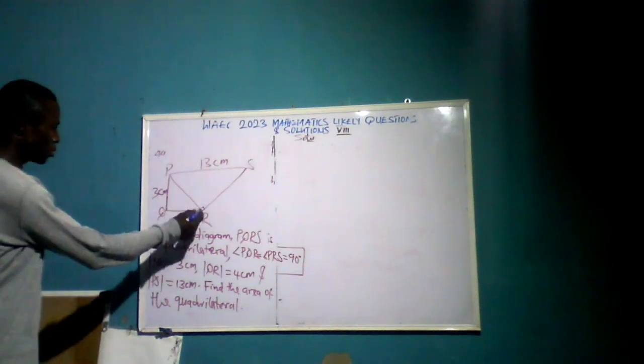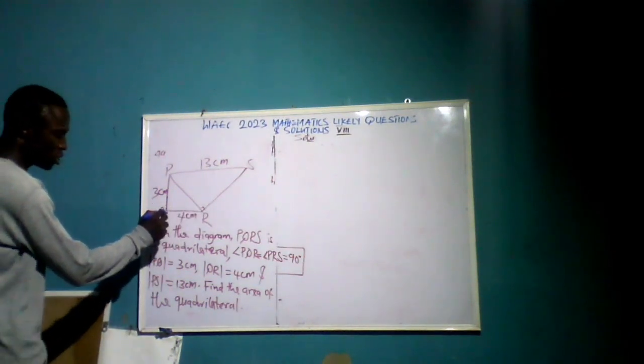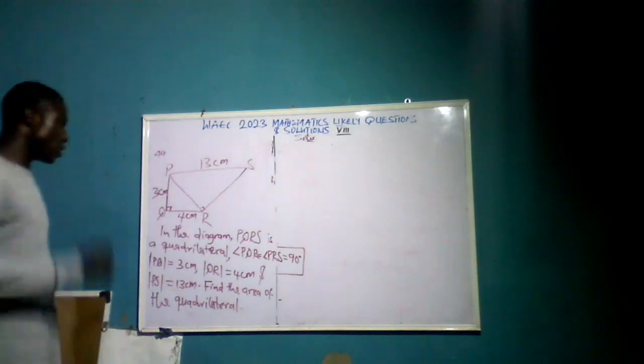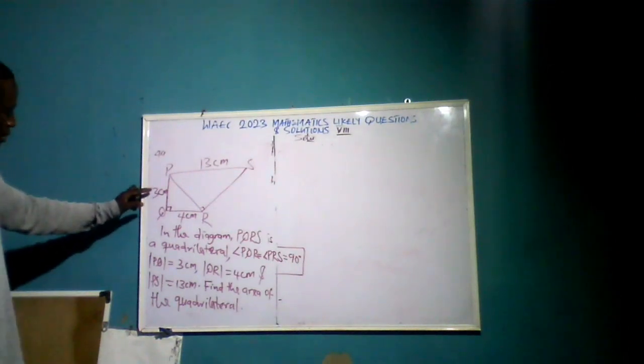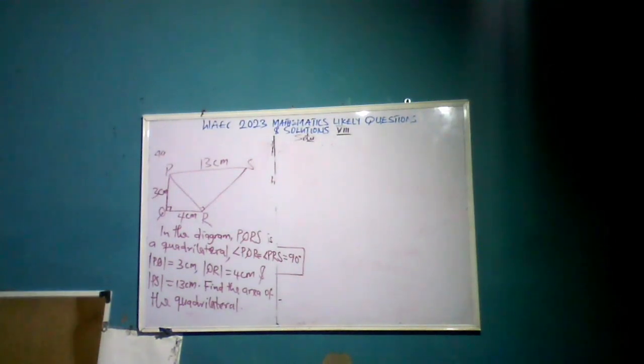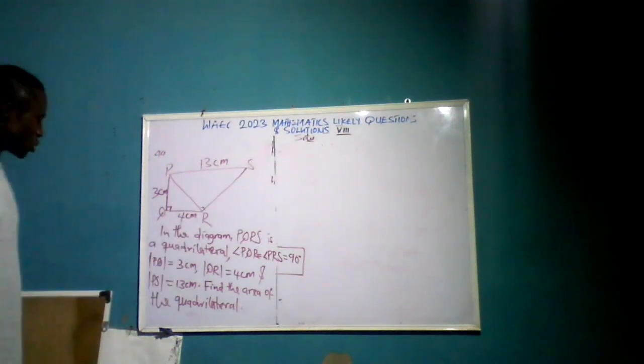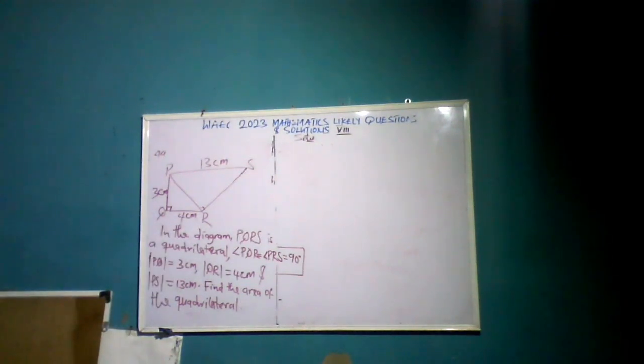That is, this angle is equal to this angle, which is equal to 90 degrees. The magnitude of line PQ is equal to 3 centimeters, as it is stated. Magnitude of line QR is equal to 4 centimeters, as we also have it, and also magnitude of line PS is equal to 13 centimeters, and we have to find the area of the quadrilateral.